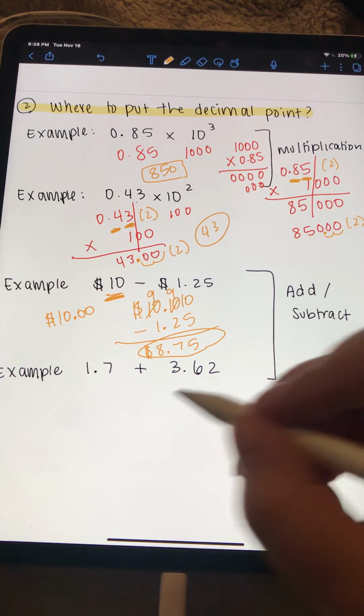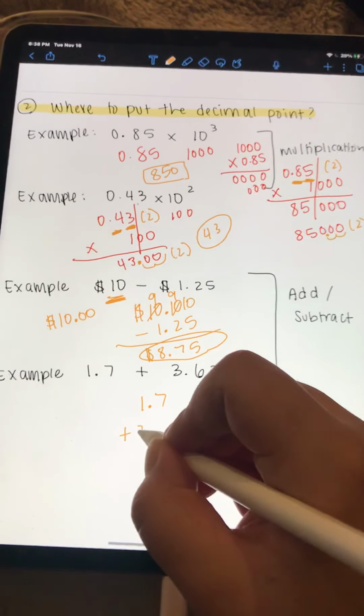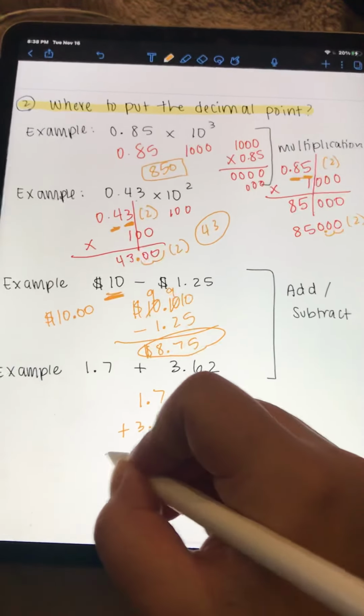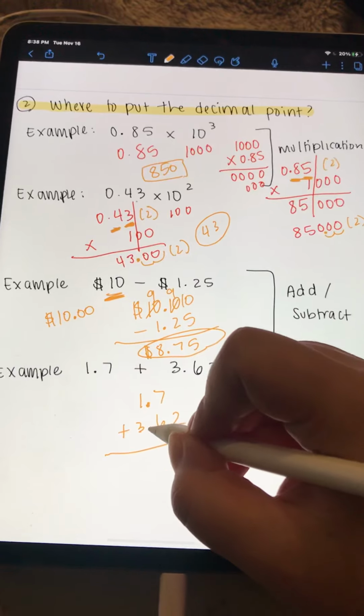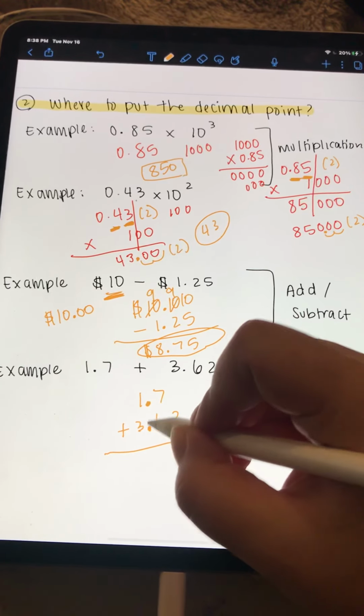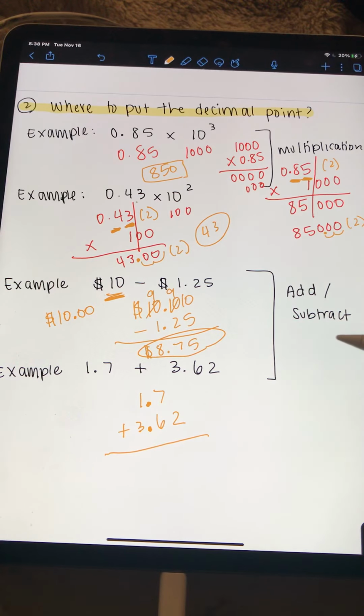Let's look at this other example. If I'm adding 1.7 plus 3.62. And again, I want to bring this up. When we're adding and we're subtracting, we need to make sure our decimals are lined up, right? So in this case, our 1.7, we have the 7 in the tenths place, but we have nothing in the hundredths place, right?